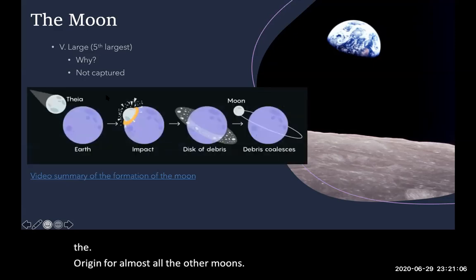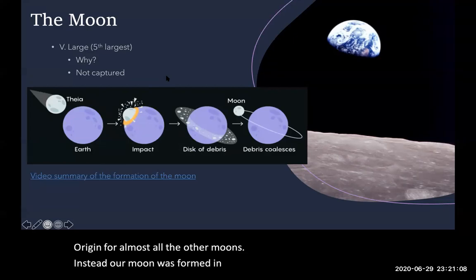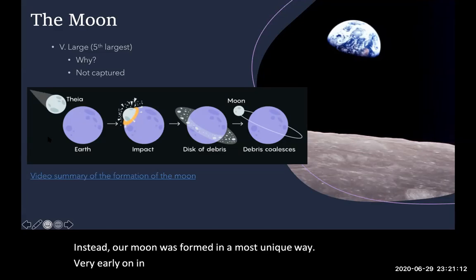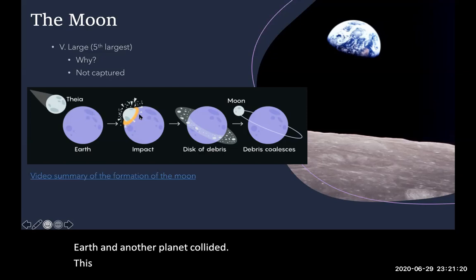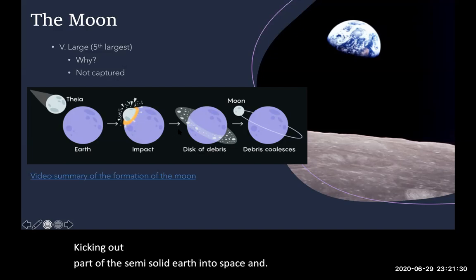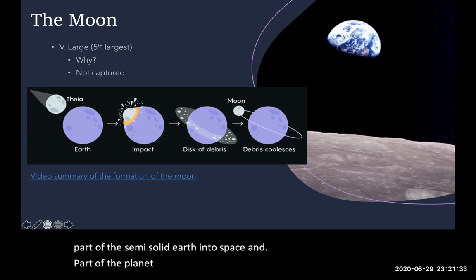Instead, our moon was formed in a most unique way. Very early on in our solar system's formation, Earth and another planet collided. This planet blasted into the Earth, kicking out part of the semi-solid Earth into space, and part of the planet impacted it.